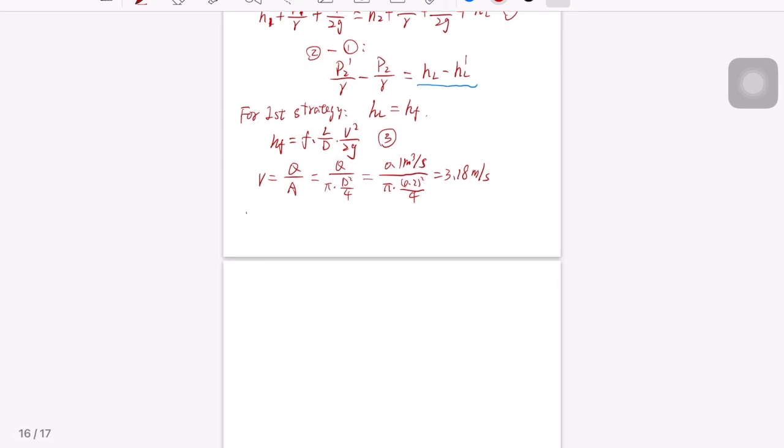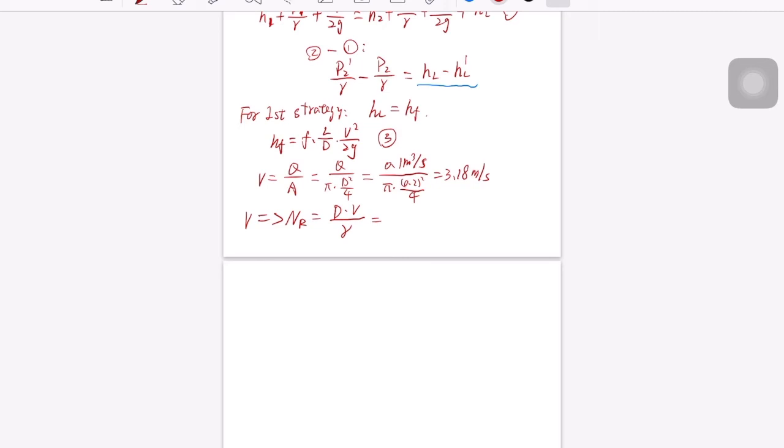And we know the V, so we can get the Reynolds number equals D times V divided by kinematic viscosity.